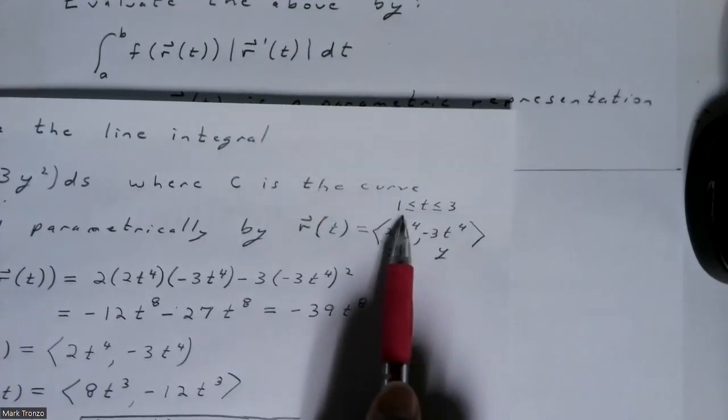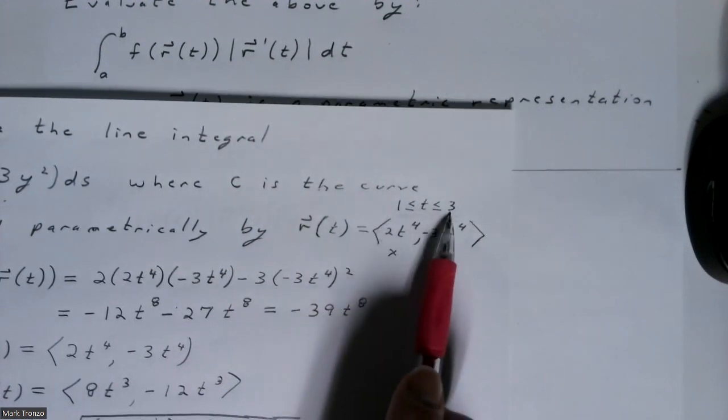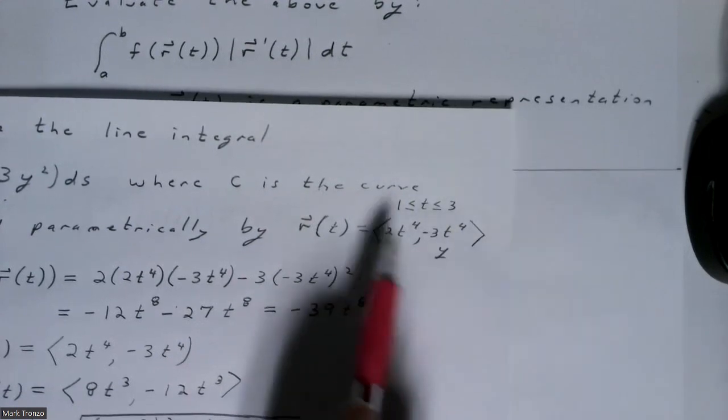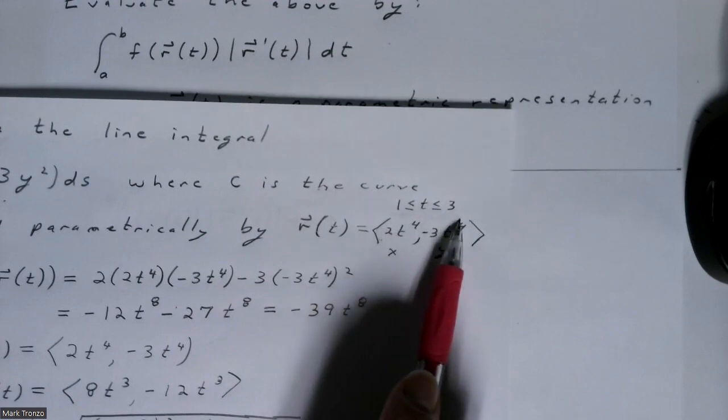Hopefully I put it on a note on there. This curve is going to be from t equal 1 to t equal 3. That's something that has to be given to us to be able to do the problem. We have to know what the range of t is, and that's going to be the bound of our integral.